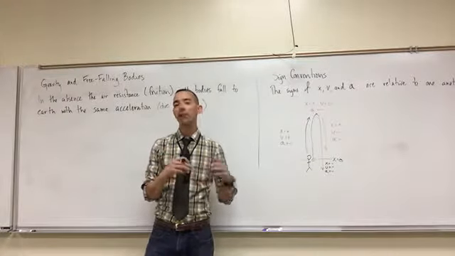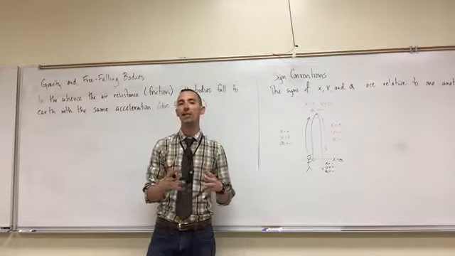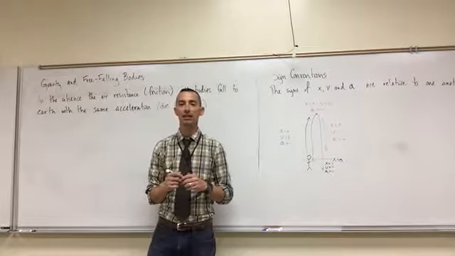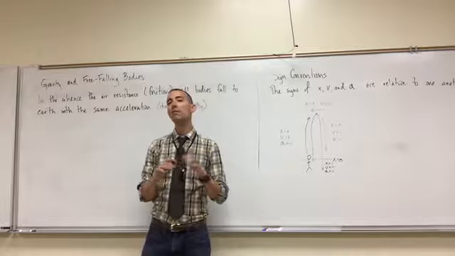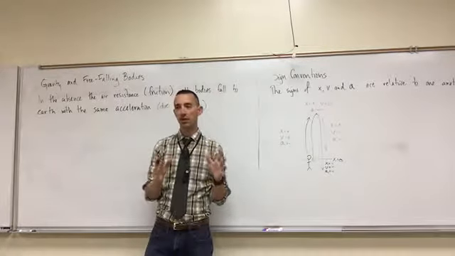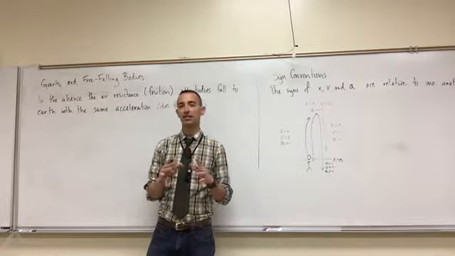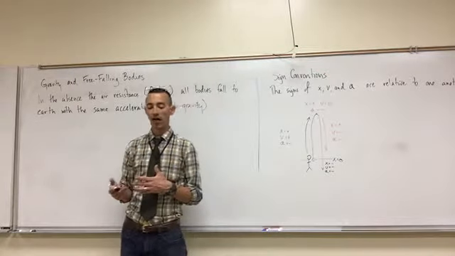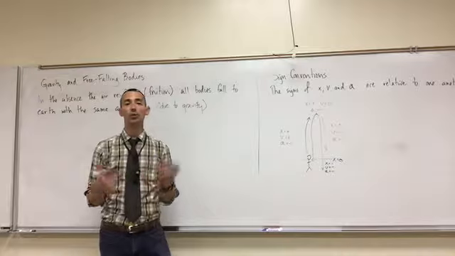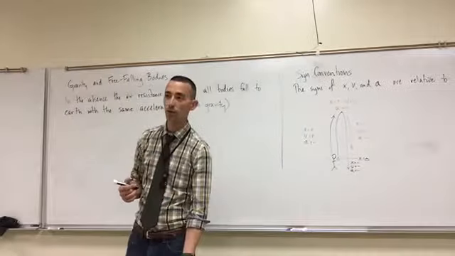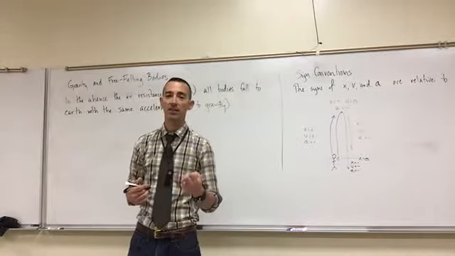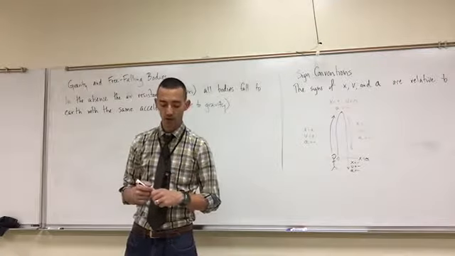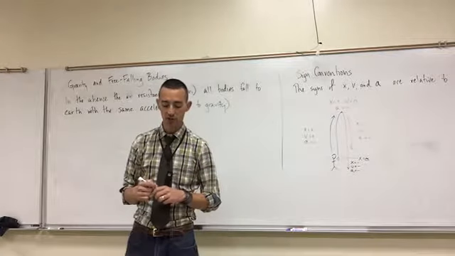So on some high mountain peaks, it might be ever so slightly less. But for the most part, on the face of the planet Earth, you're not going to notice a significant difference. On other bodies, like the moon, or other planets, you would absolutely have a different feel for the acceleration due to gravity.